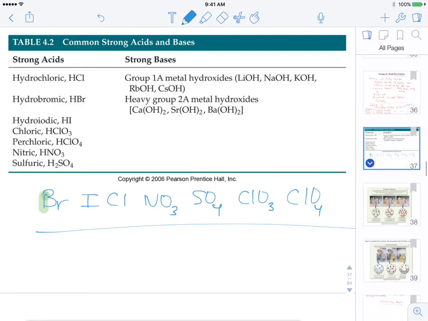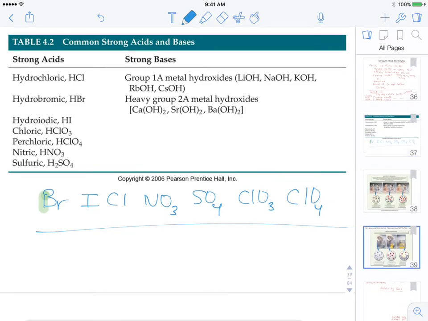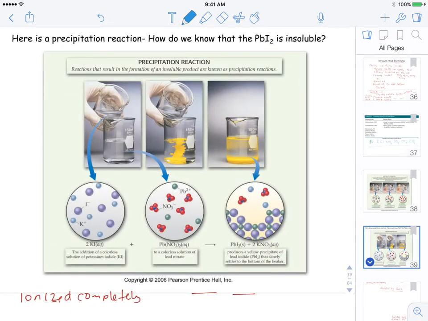Another thing that we talked about in class and also in the notes were precipitation reactions. And so here's a precipitation reaction. In this case, the person has KI in the beaker in their hand.